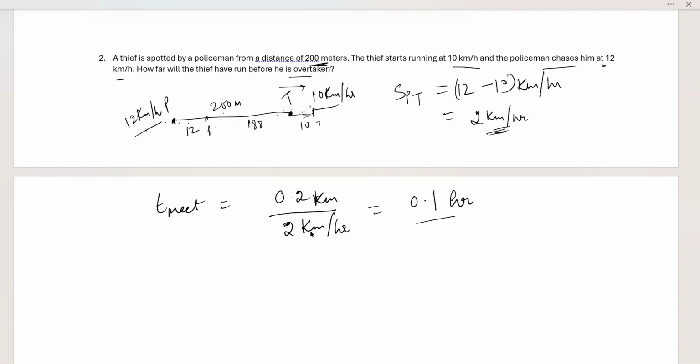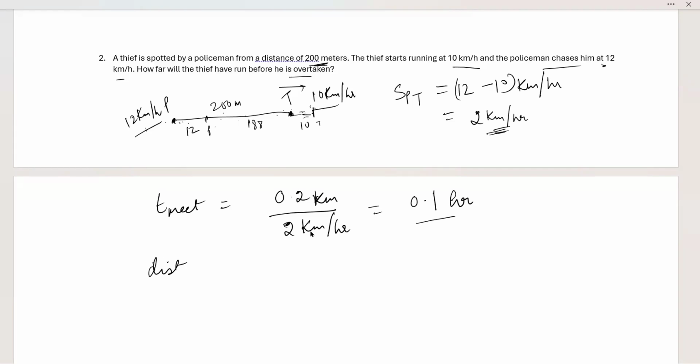So from when the police spots and starts chasing the thief, in 0.1 hours they will meet. So how far will the thief have run before he is overtaken? From this point, 0.1 hour later the thief will be caught. So how much will he travel?